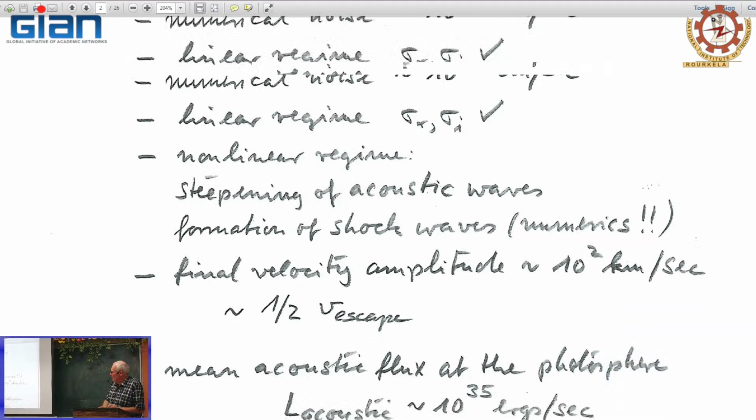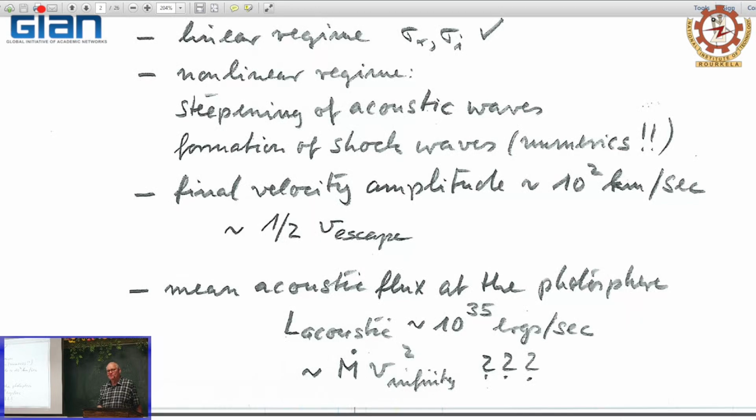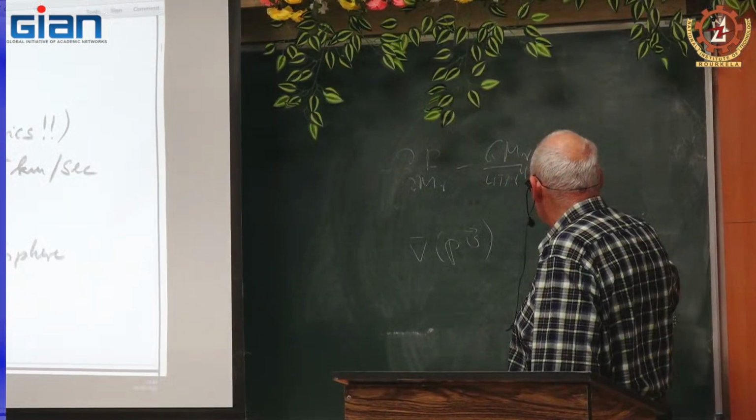We can also look at the energy balance. The term is originally due to the gradient of the pressure times the velocity, which goes with the divergence of the pressure times the velocity, and this can be transformed into a surface integral over the surface element dA.